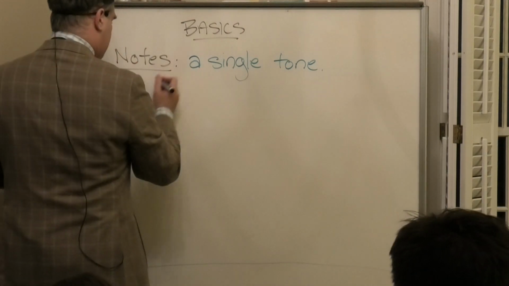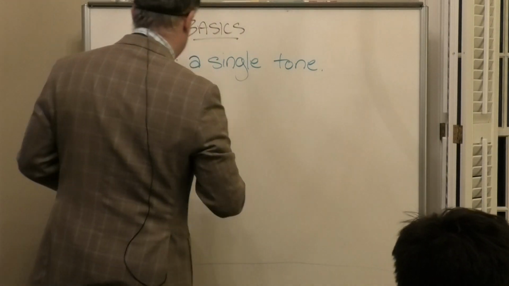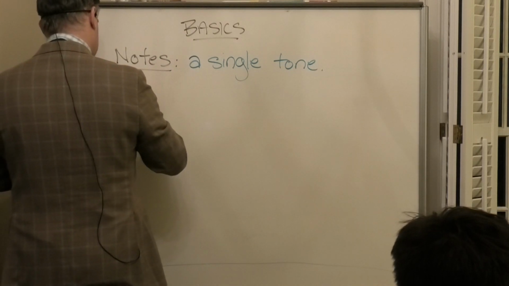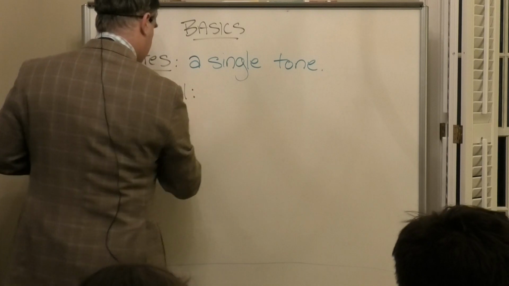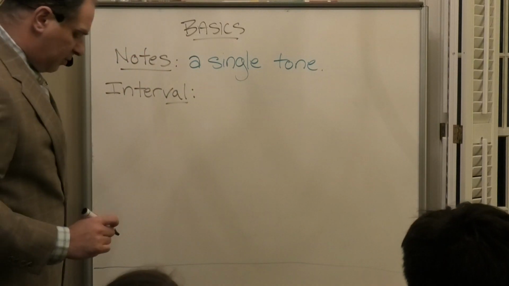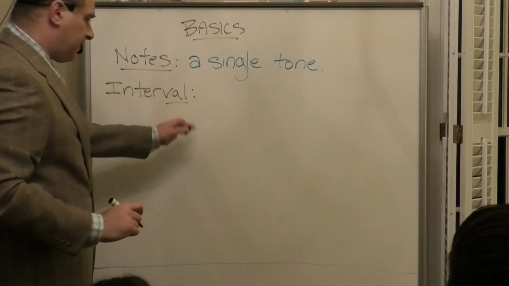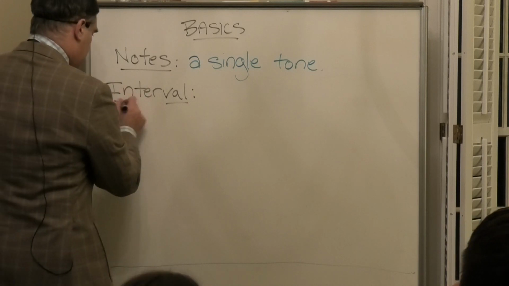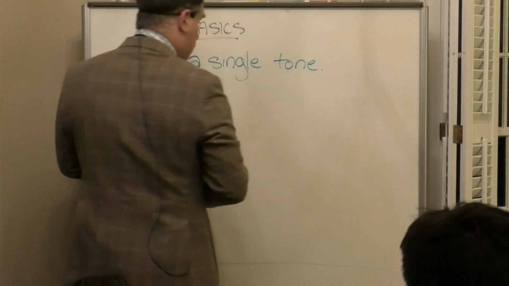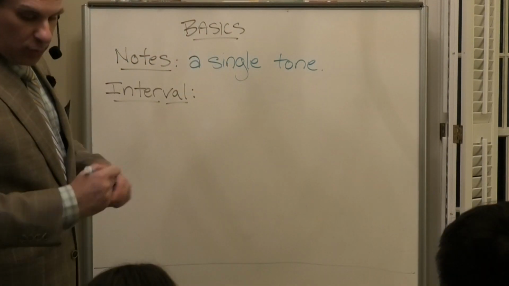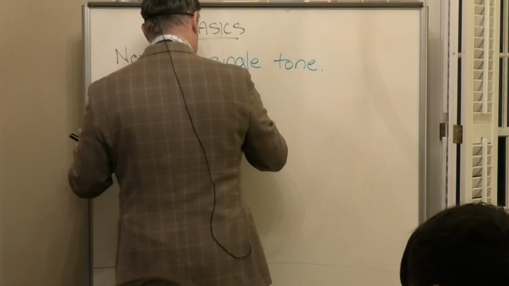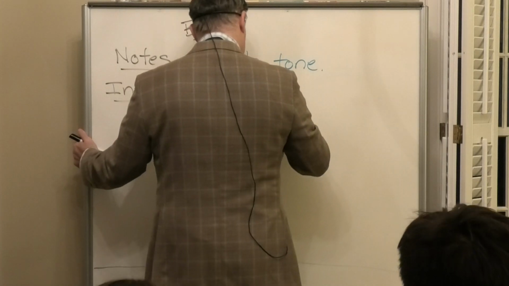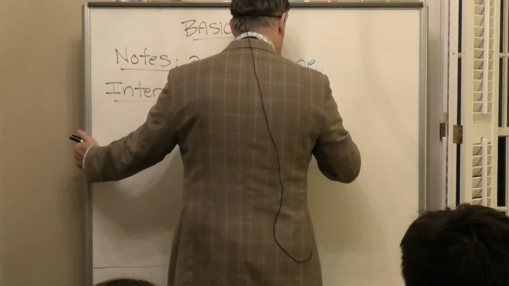Then when you play two notes together, it's called an interval. Right? Inter meaning in between, and val for value, in between values. Interval. That's two notes sounded or played at the same time, or sung.